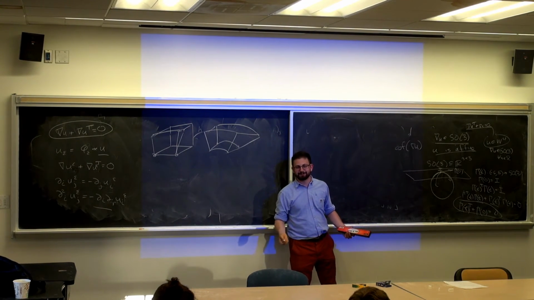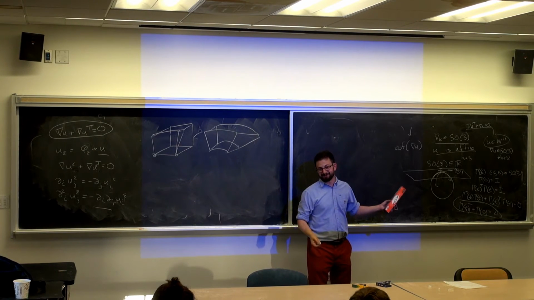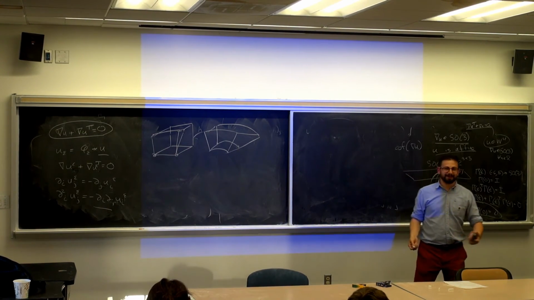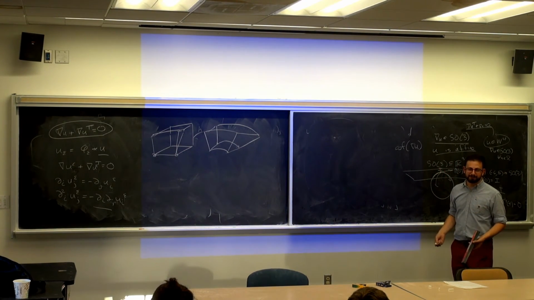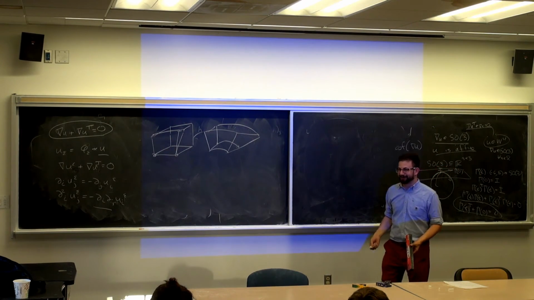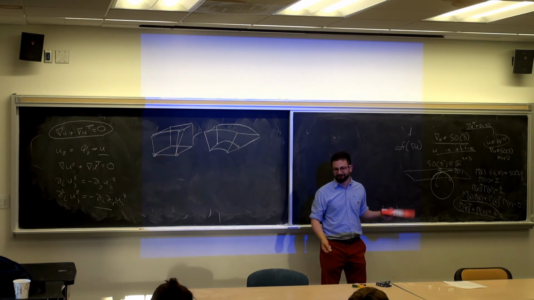I would have to remind you what a cofactor matrix is for one thing, and then it's a 2-page proof in Evans that's not particularly enlightening as to why these have divergence free rows.